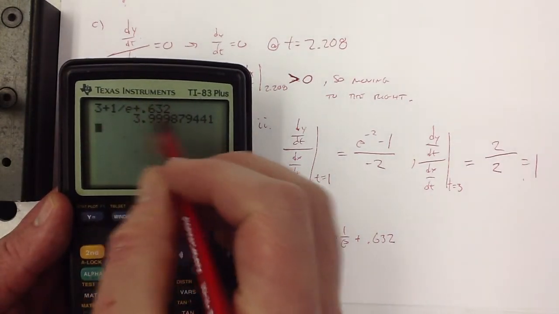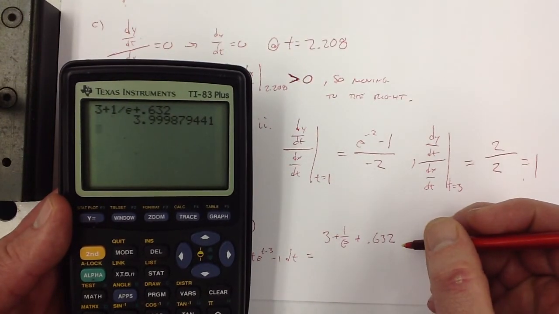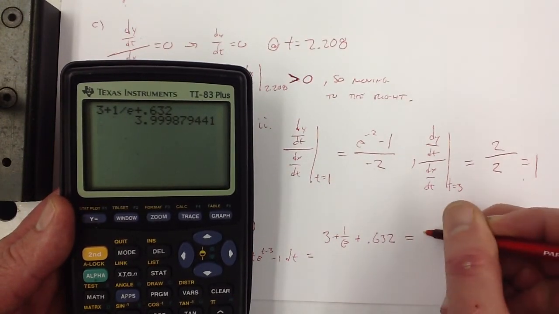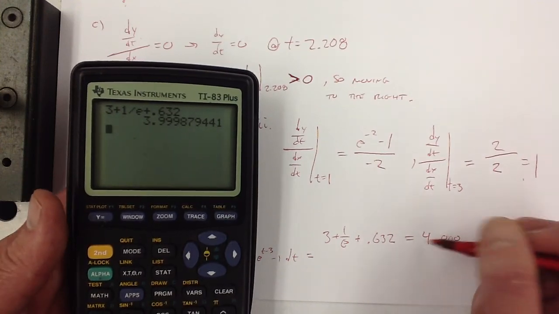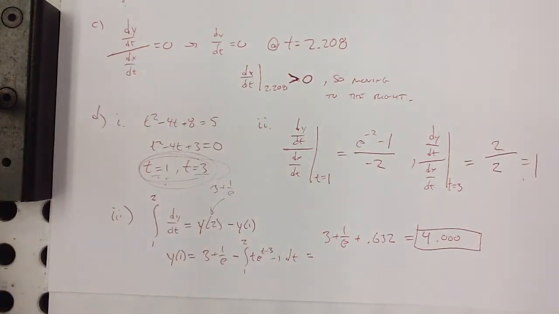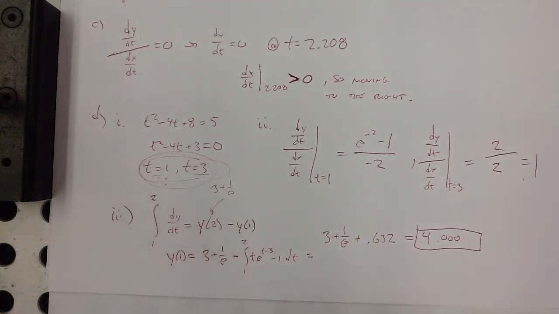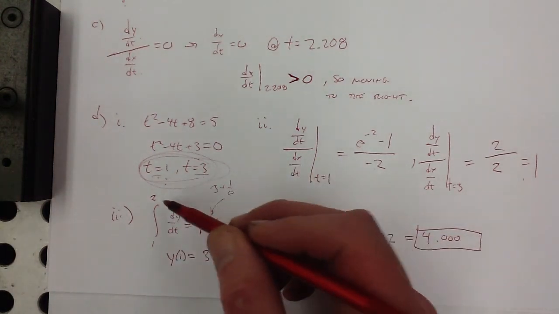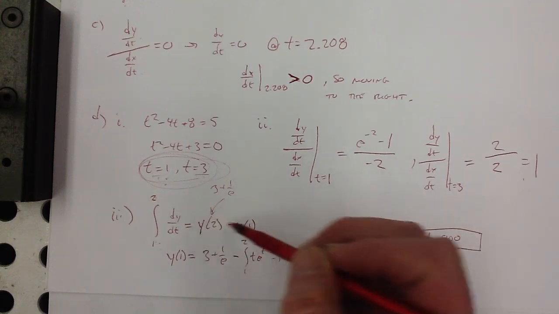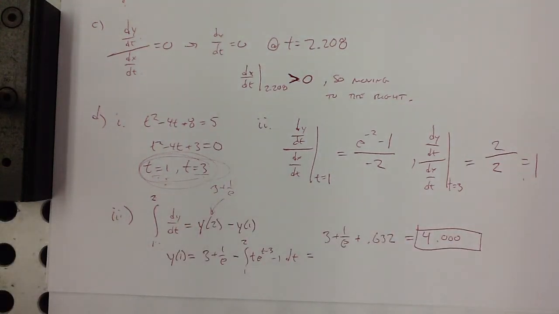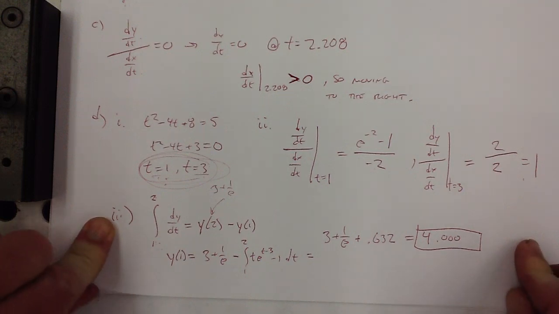I guess this was some version of some kind of e thing, but I'm going to say that that's 4. You could say 0.000 just to be sure, but I bet it came out to be exactly 4. And then you could also have done, well, I'll let you try it, going from 2 to 3 and see what happens if you do that. And you'll get the same kind of thing. All right.